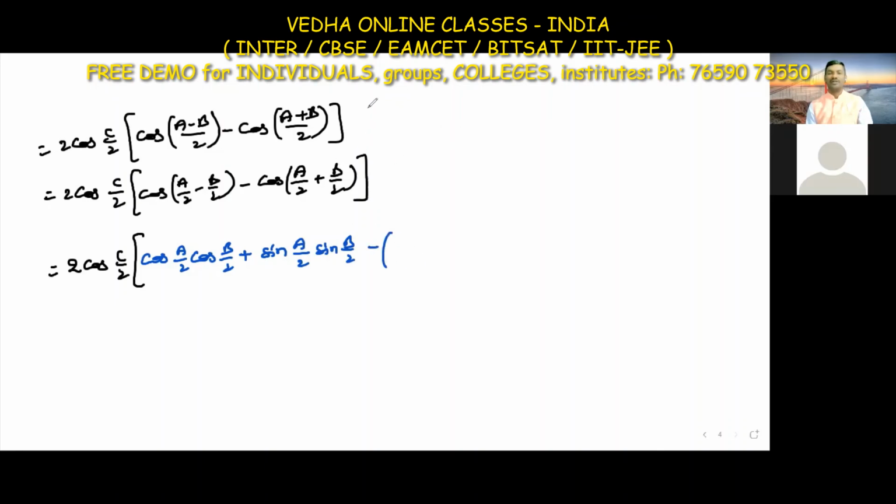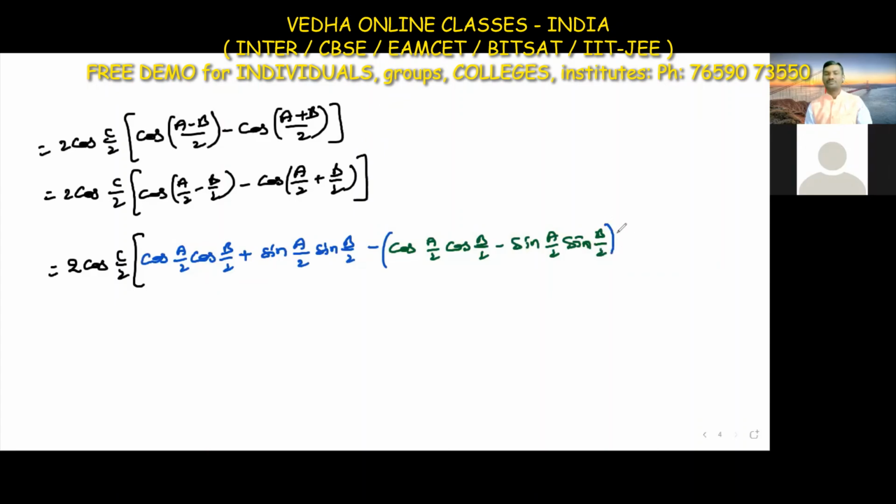What we can write as cos of (A plus B) by 2 is again the cos formula: cos A by 2 cos B by 2. When we have plus in the middle, we get minus here: sin A by 2 sin B by 2.